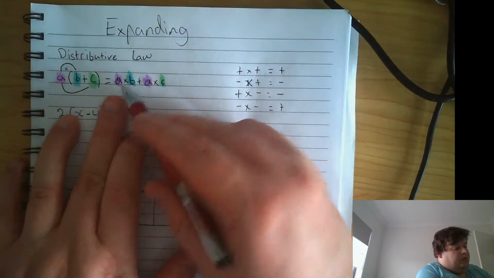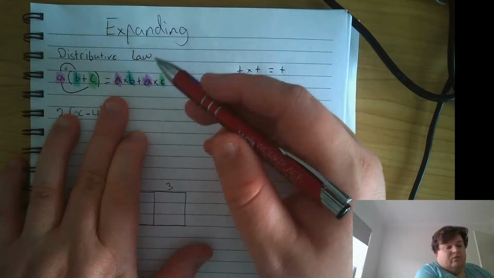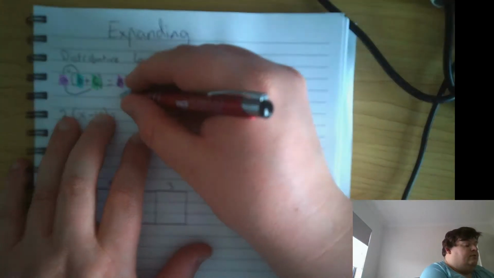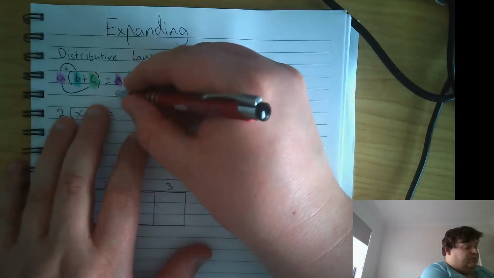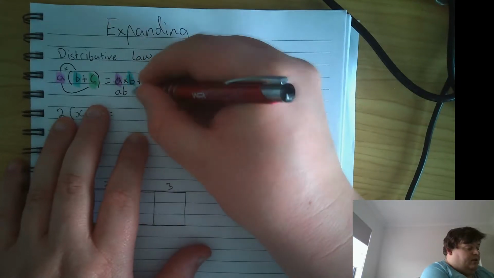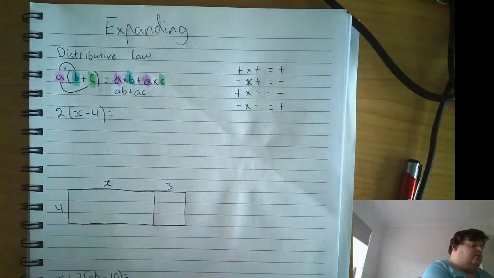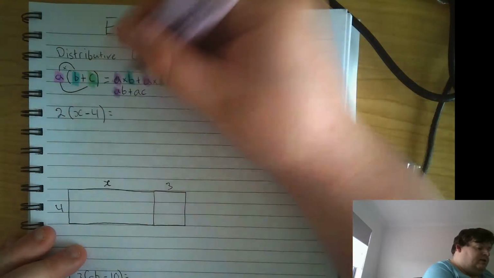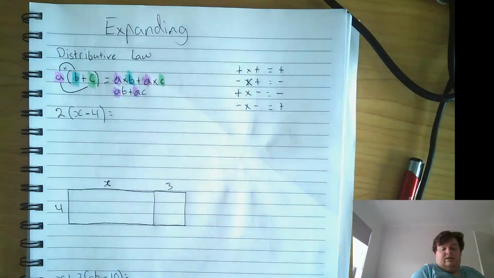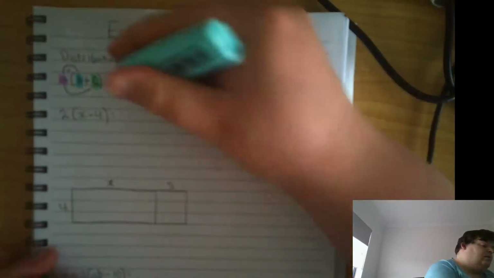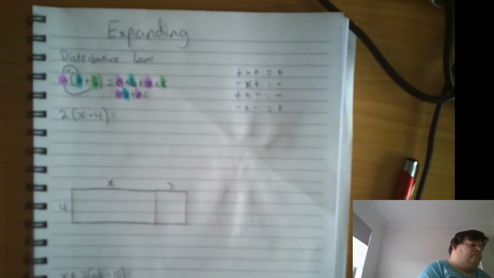Now with algebra, keep in mind, if there is a multiplication between two letters, we don't have to write that multiplication symbol in between, so we can just write them as AB plus AC. And again, just so you realize where everything is, I'm color coding these, just so it helps you.